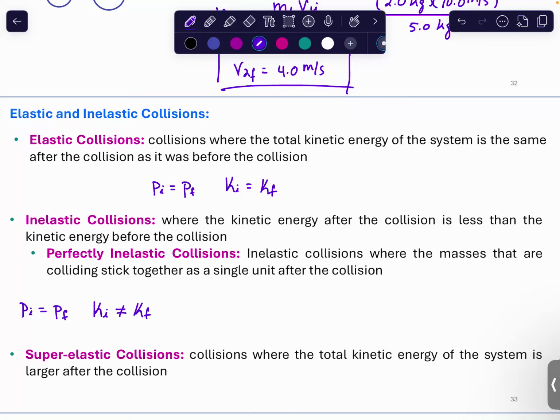Your perfectly inelastic collision, what this is talking about, so let's say we have two masses.